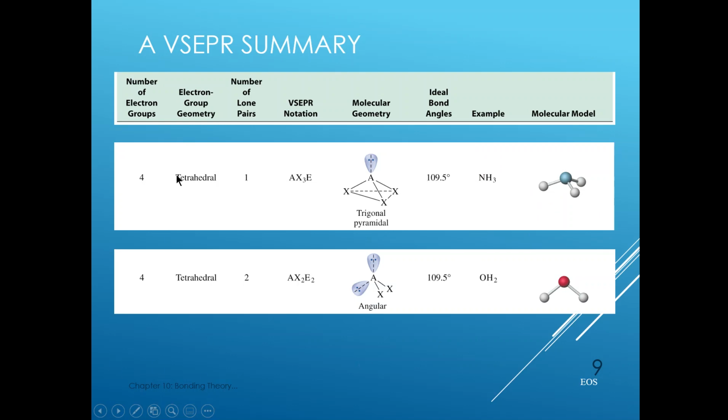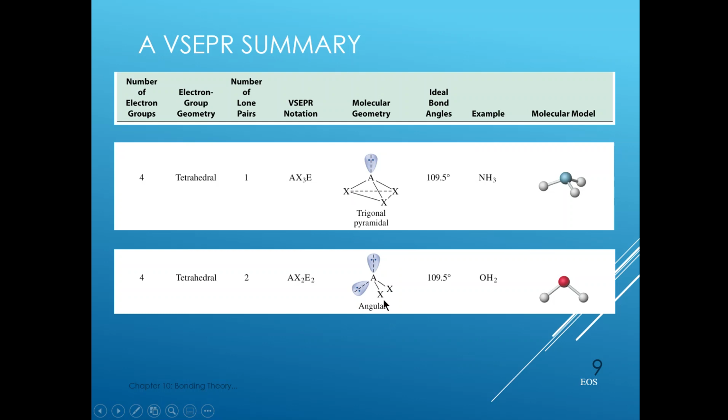And then if we go from 4 electron groups, one of which is a lone pair, to 4 electron groups, 2 of which are lone pairs, this would be the VSEPR notation, and this would be the shape adopted by the molecule as defined by the atoms. If you compare this to this, you'll see that to get from here to here, we remove the X here, and you're left with a lone pair here.